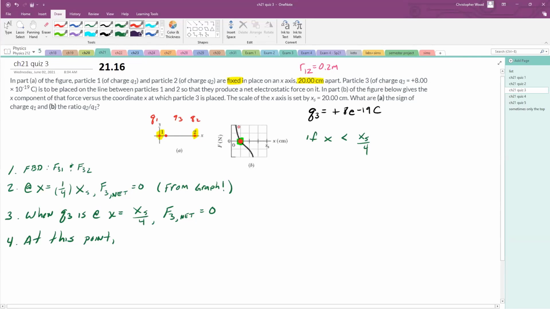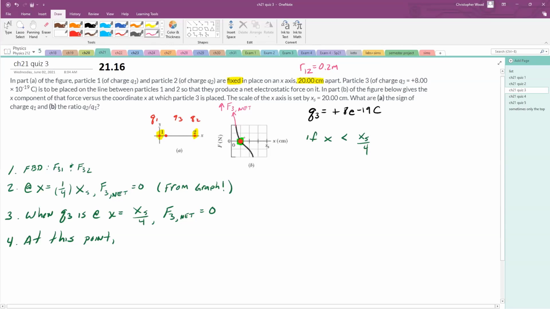You can see from the graph, the graph shows a very positive force, an exponentially growing positive force. So this is showing a rapidly increasing net force on particle 3 when I bring particle 3 near particle 1.